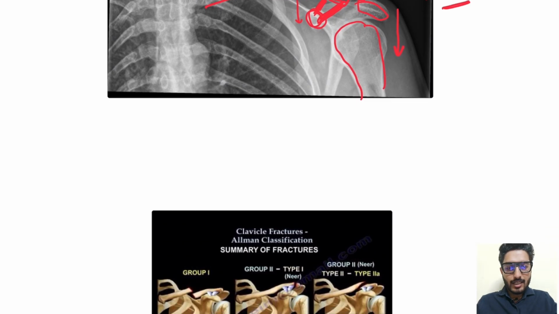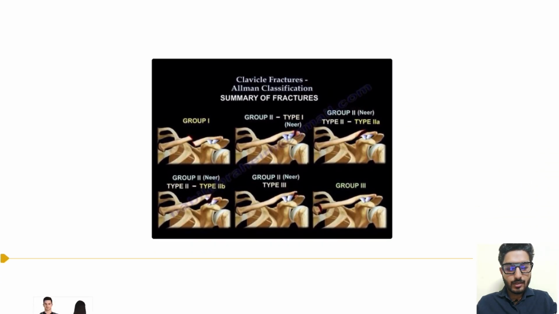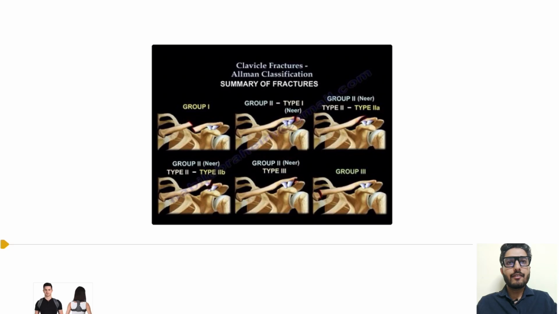Now coming to the classification of clavicle fracture. We are going to discuss two main classifications: one is the Allman classification, another one is the Neer classification. First we will discuss Allman's classification.